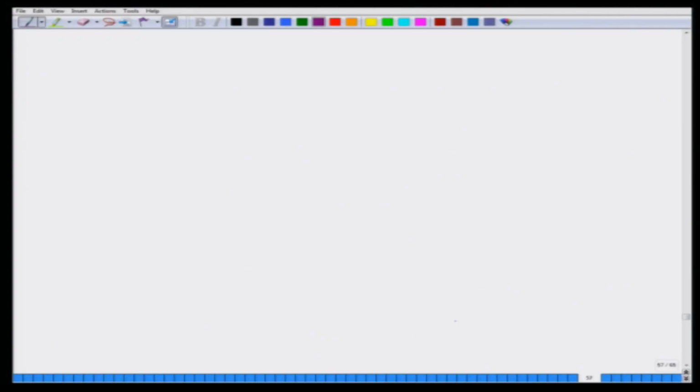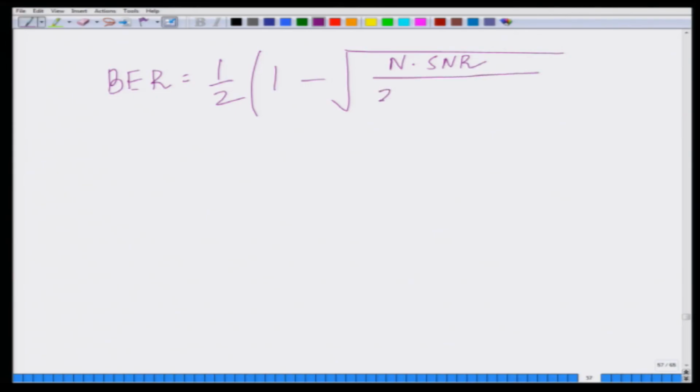We have the expression for the bit error rate, as we have already seen, given as bit error rate is half times 1 minus square root of N times SNR divided by 2 plus N times SNR. And we have N equal to 256.